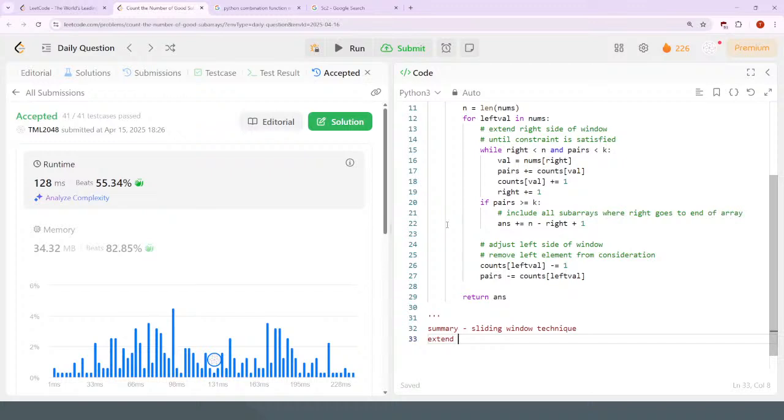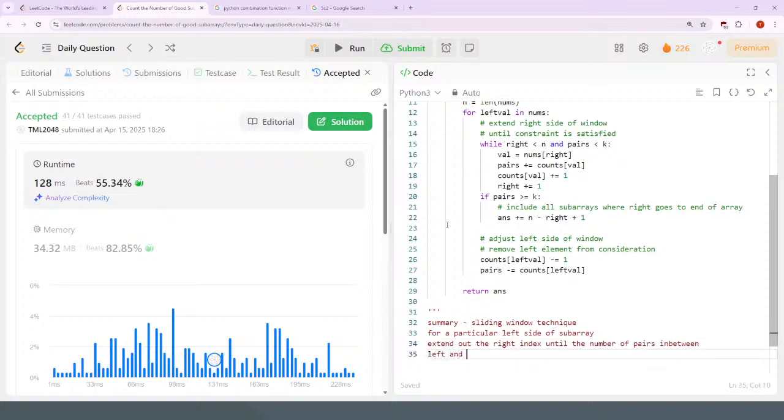Extend, for a particular left side of subarray, extend out the right index until the number of pairs between left and right index is at least k.